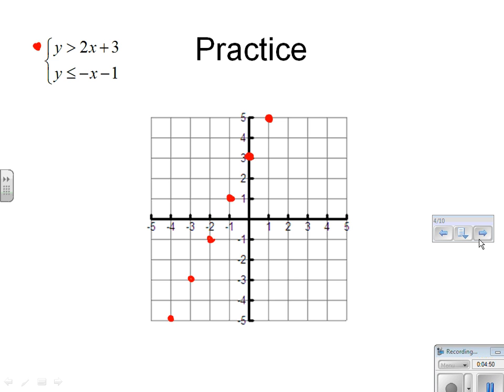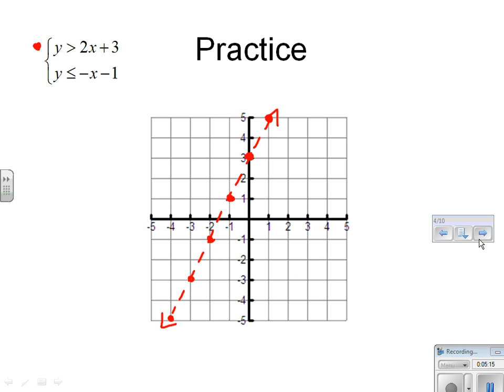Now I have to think about what kind of line I need. Since it's just y is greater than 2x plus 3 and not greater than or equal to, I'm going to use a dotted line. And now I have to think about where I want to shade. Since it's in slope-intercept form and it's a greater than sign, I could just say I want to shade above the line.